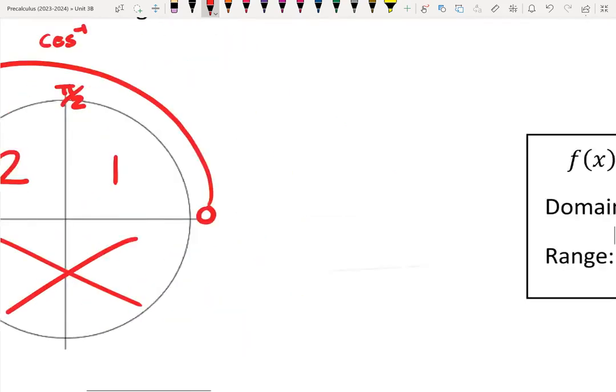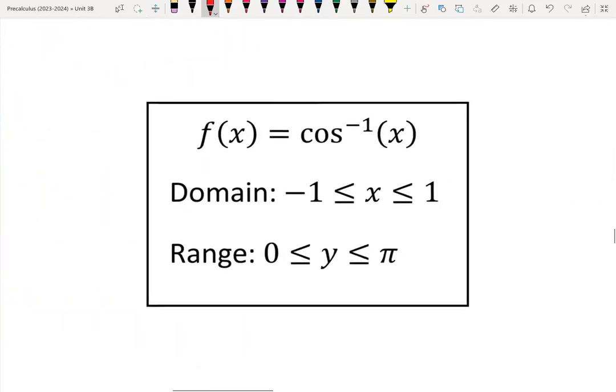Okay. Now, we have similar restrictions on domain and range. The domain restriction is the same as sine inverse, -1 to 1. So again, if we're told to find, say, cosine inverse of 5, we would be able to say that has no solution because 5 is not between -1 and 1.